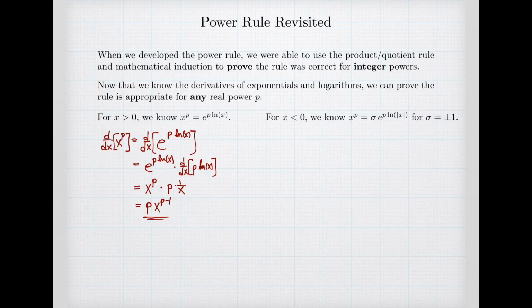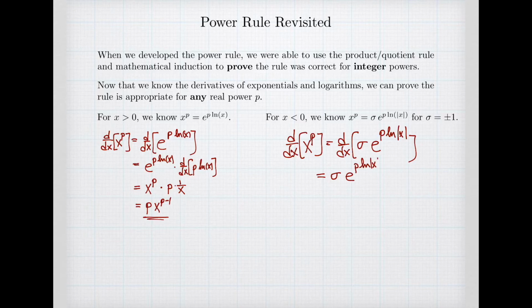this allows me to write that the derivative of x to the p is the same as finding the derivative of whatever this constant is times the exponential that we're looking at. Well, the constant multiple stays. The derivative of an exponential is itself times the derivative of what's in the exponent.